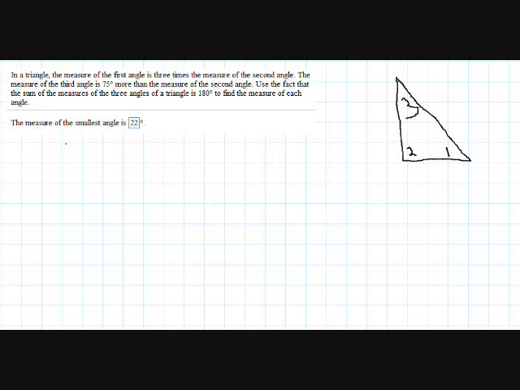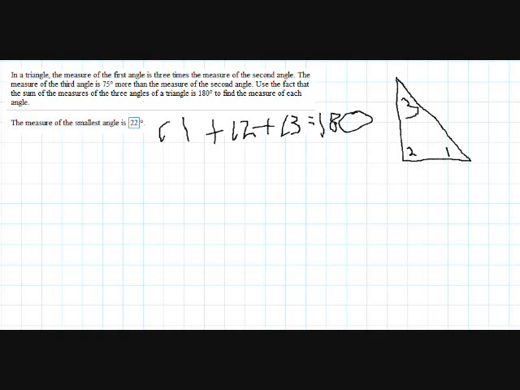When you add all those things together, angle 1 plus angle 2 plus angle 3, that's going to equal 180 degrees.